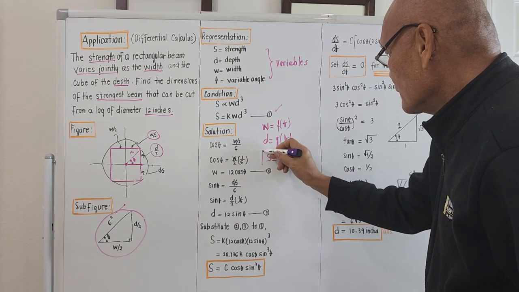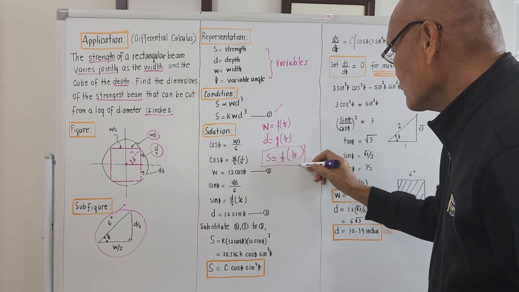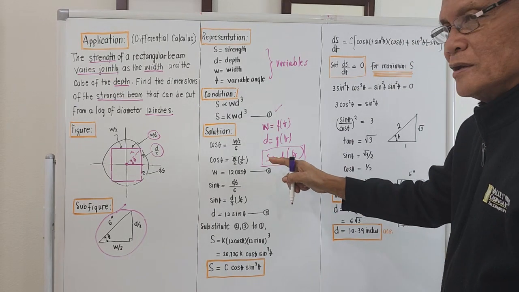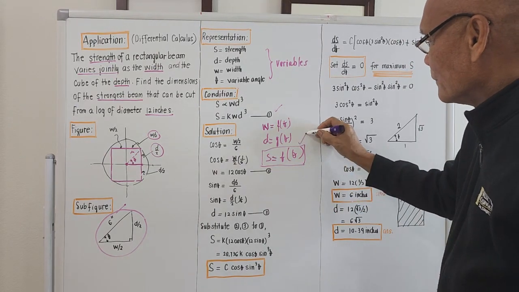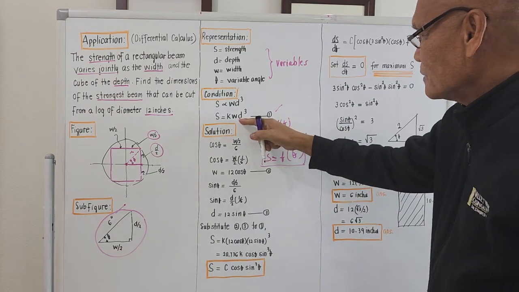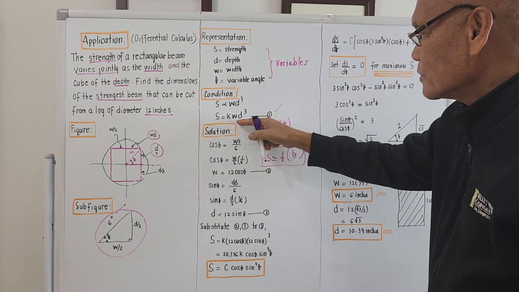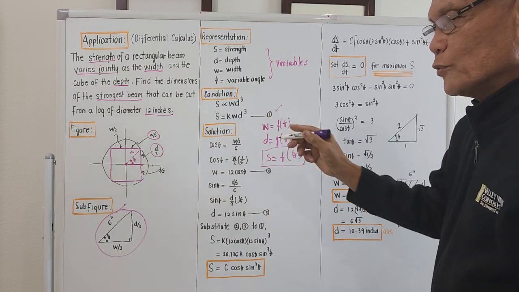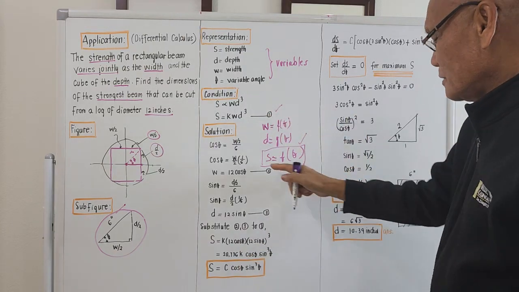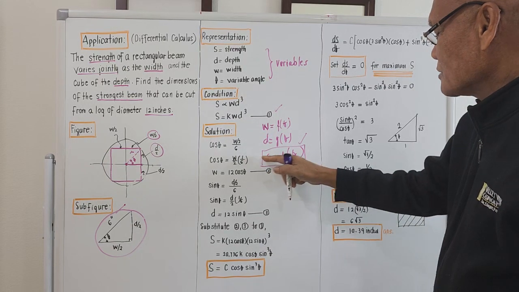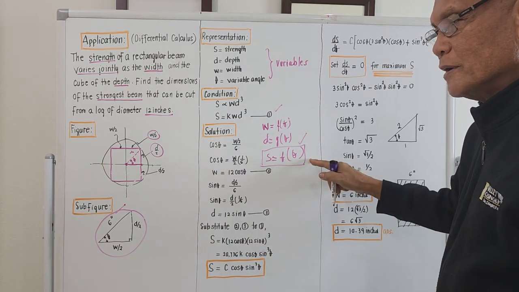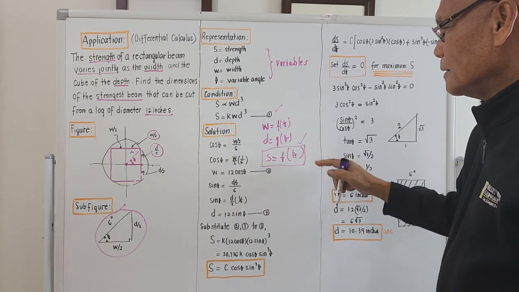Our objective is to get the relation of the strength of the beam as a function of only one variable, because for the meantime the right hand side involves 2 variables. So we need to bring out the strength of the beam as a function of one variable, and that will be angle theta.